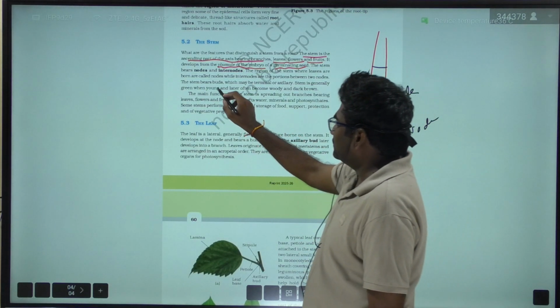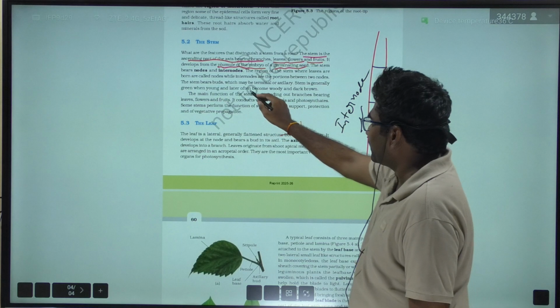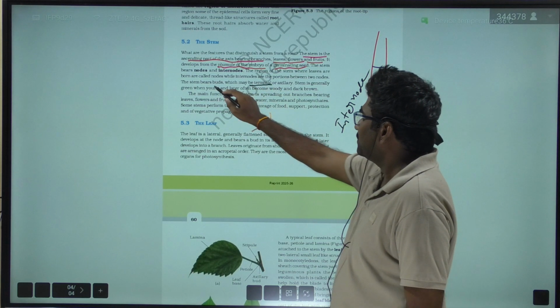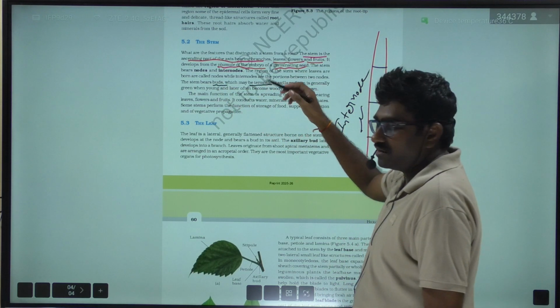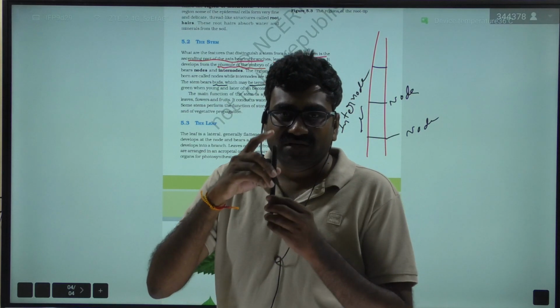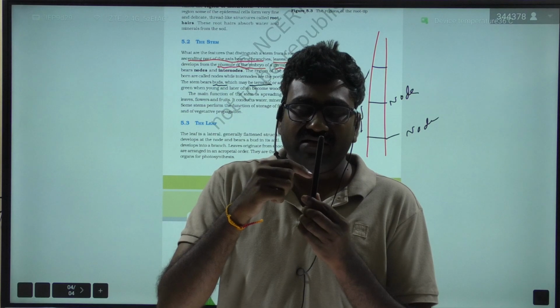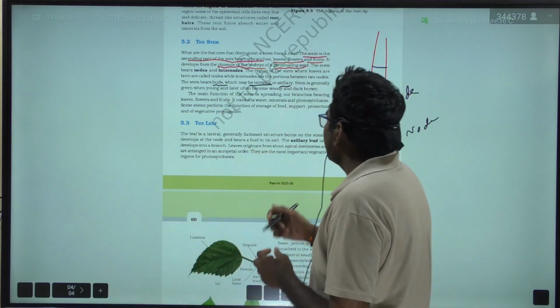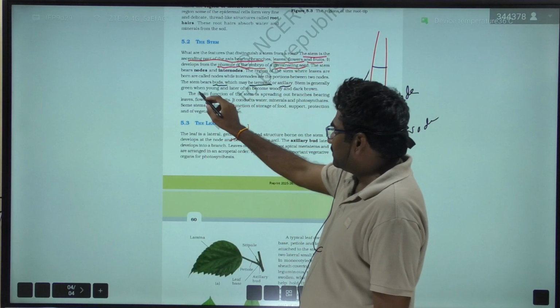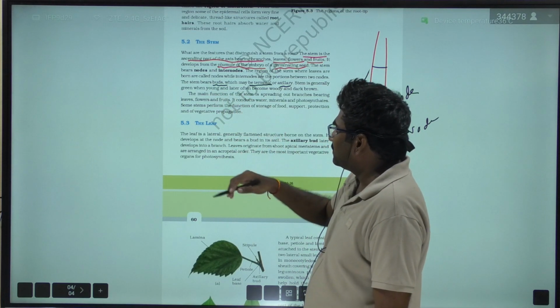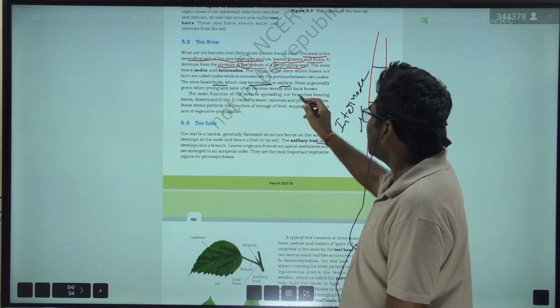The stem bears buds, which may be terminal or axillary. Terminal buds are present towards the apex, the apical region. Axillary means lateral side. The stem is generally green when young, and later often becomes woody and dark brown.